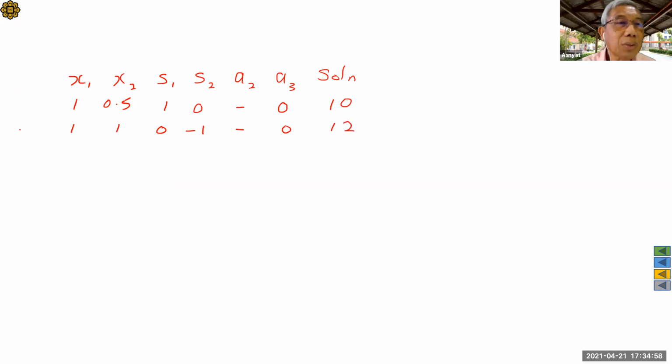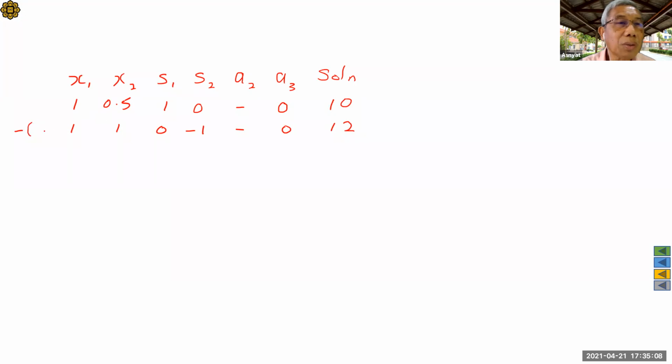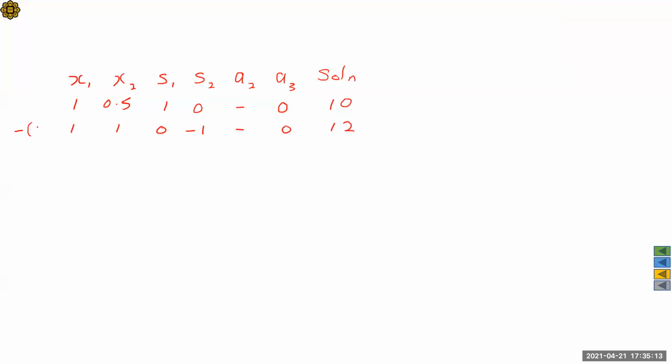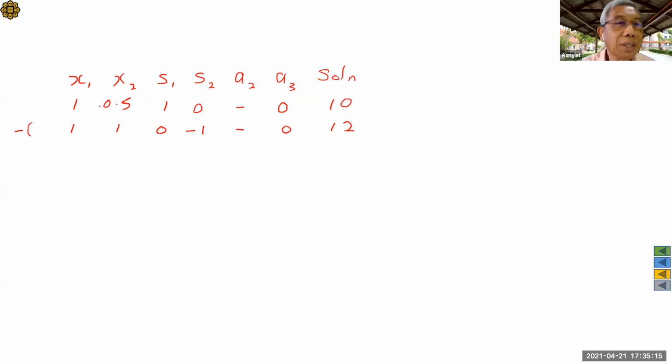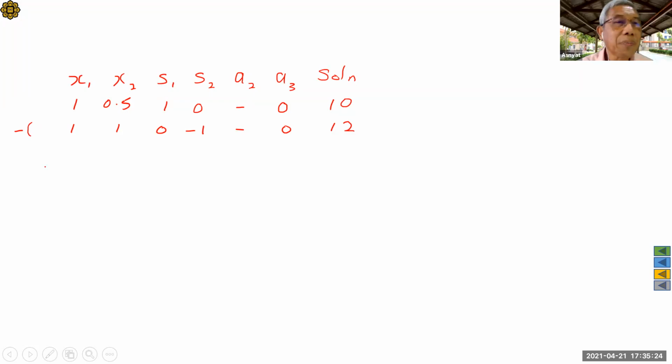Okay. Now we are going to subtract the old pivot column coefficient times the pivot row coefficients. Where is the pivot row? The second one. This is the old row's pivot column coefficient. 1 or 0.5? 0.5. 0.5 is a positive number. Then multiply with all these numbers.